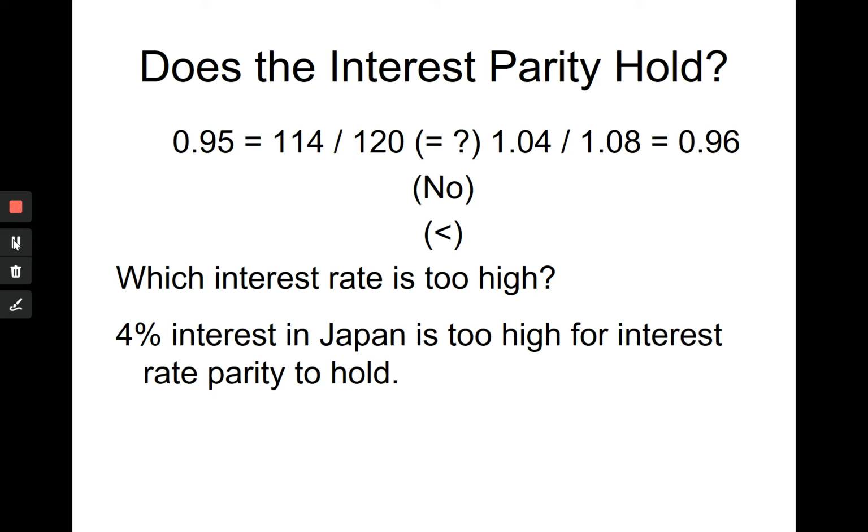Interest rates are expensive in one country and cheaper in the other country. But we are not just comparing 8 to 4, but we are paying attention to what happens if we get a loan at 8% and later on we have to pay it with dollars. Considering that dollars have a forward discount, they would get cheaper.